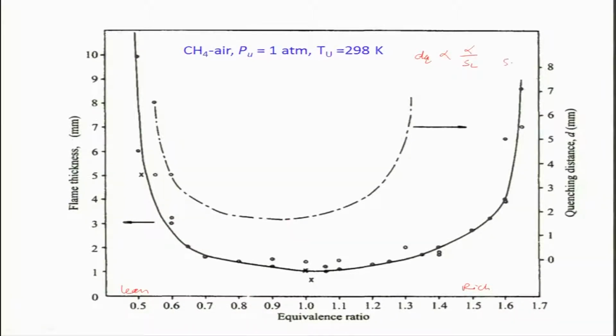So, SL is decreasing, means dq will go up, right. And keep in mind that the flame thickness is similar in nature. Flame thickness is increasing towards both the rich and the lean mixtures, because we have seen delta L is proportional to alpha by SL, right. So, the quenching diameter is similar to the flame thickness.